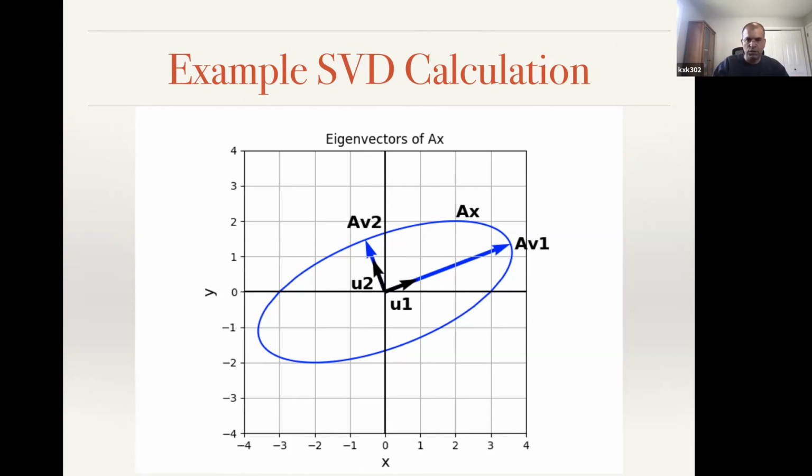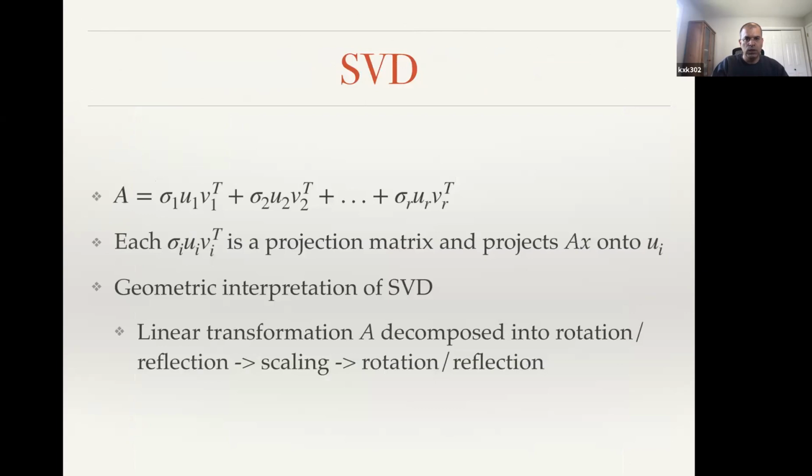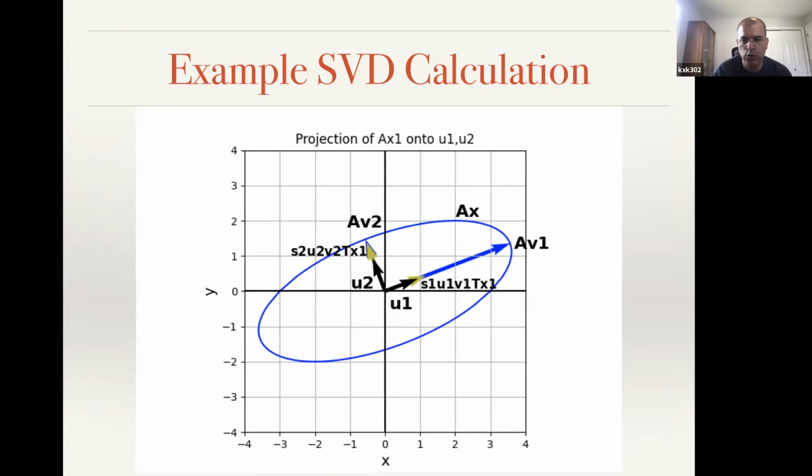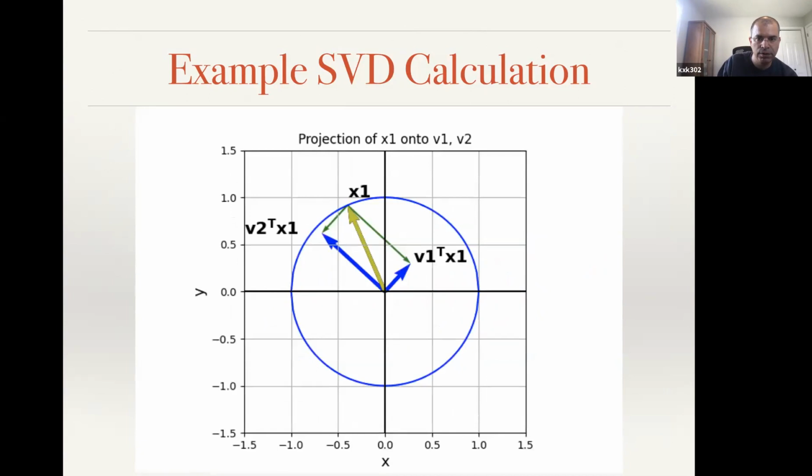And finally, if you look at the formula, what we have to do is multiply sigma 1 by V1 transpose X1 and then by U1. So let's go back. That's what we did. We have 2 yellow vectors. That's U1 multiplied by sigma 1 and multiplied by V1 transpose X1, which we calculated here.